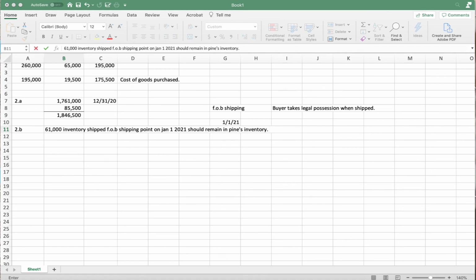3 says Potter Corp had 1,000 units of part Z65 on hand July 1st, 2020, costing $62 each. Purchases of Z65 during July were as follows.